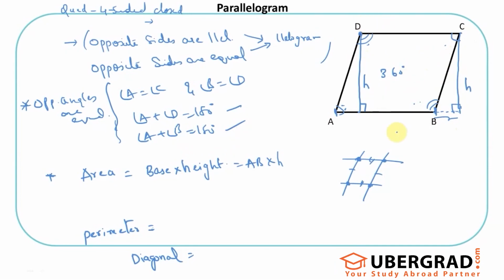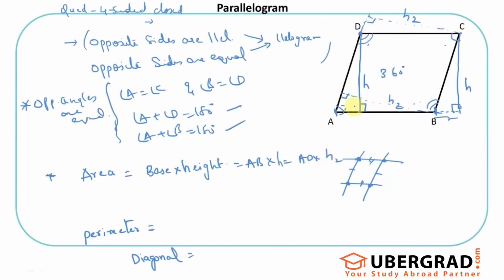If I take AD as my base, then from B the perpendicular will look like this, and from C the perpendicular again will fall on the exterior side, so I need to extend this to get it. This will be height H2, and then I could also do AD into H2.